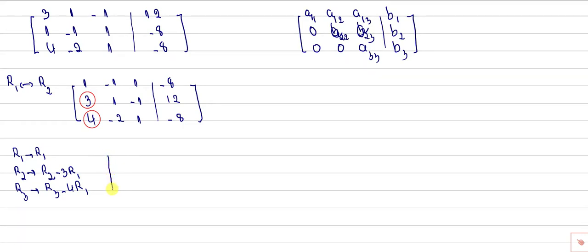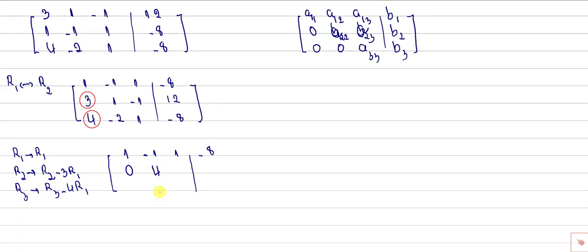So now we got our new arrangement is 1, -1, 1, and -8. This one multiplied by 3 is -3. 3 minus 3 is 0. This one is -3; minus plus minus is plus, 1 plus 3 is 4.